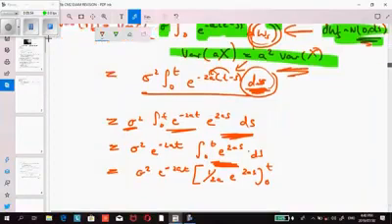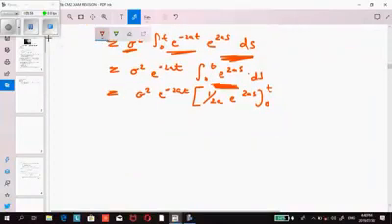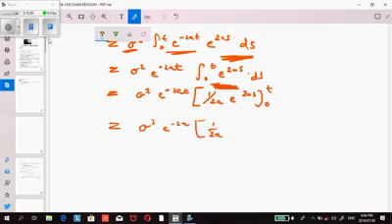Now substituting your limits, you're going to have sigma squared e to the power minus 2at into 1 over 2a e to the power 2at minus 1 over 2a e to the power 0. Obviously, anything to the power 0 is 1.